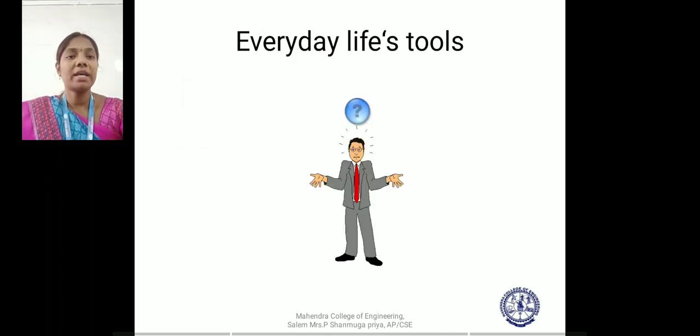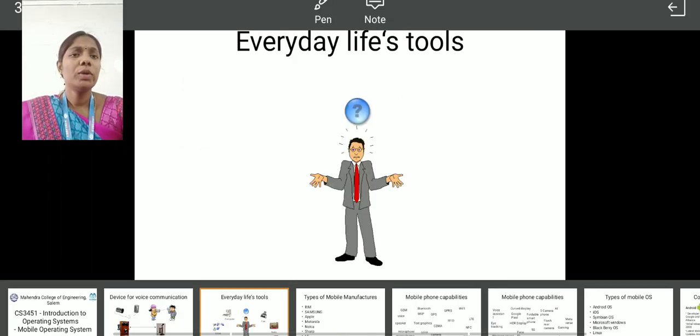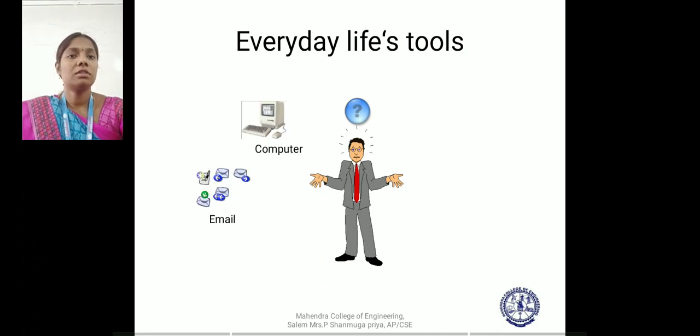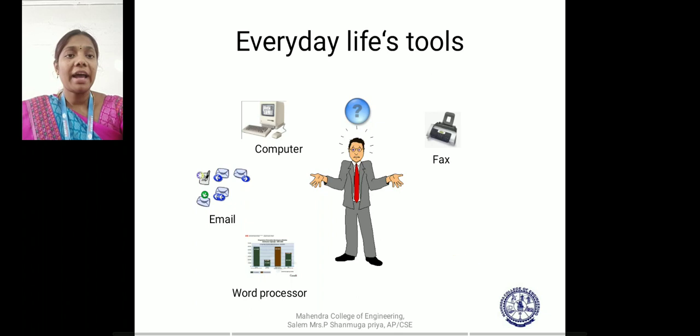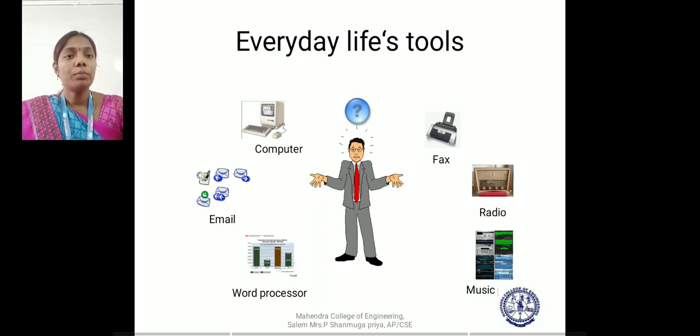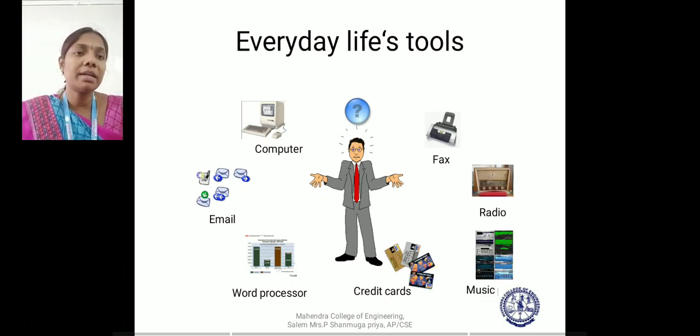But later we tried to accommodate computers, emails, word processors, fax, radio, music, credit cards, and debit cards, and we even carry everything required for the efficient functioning of our day-to-day life within the mobile. Initially we used mobile only for communication.